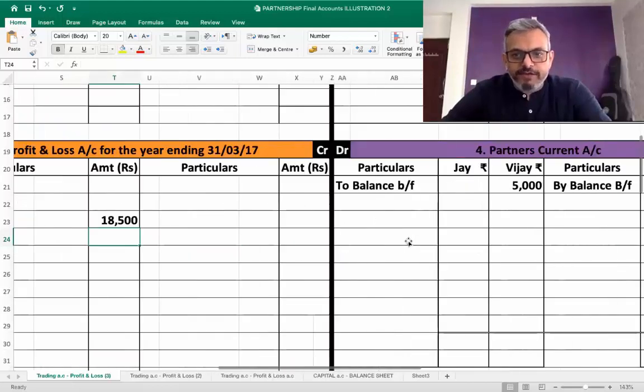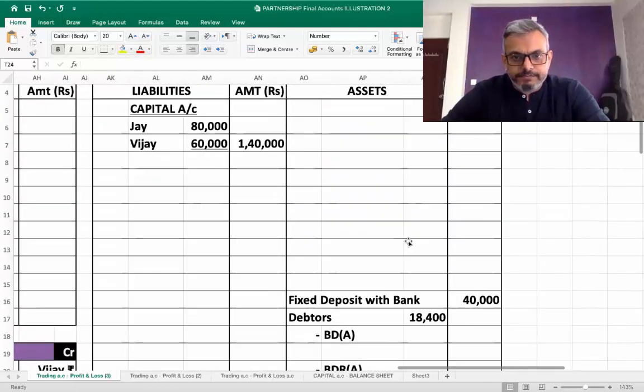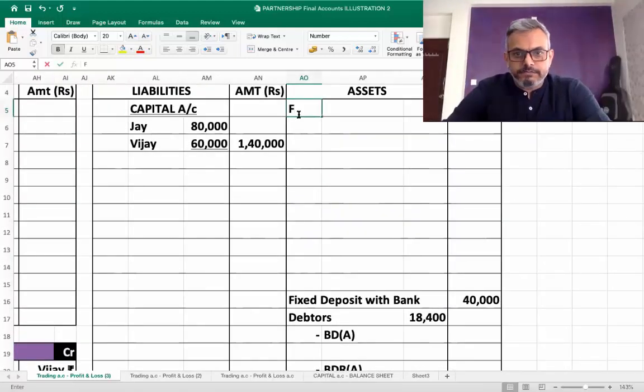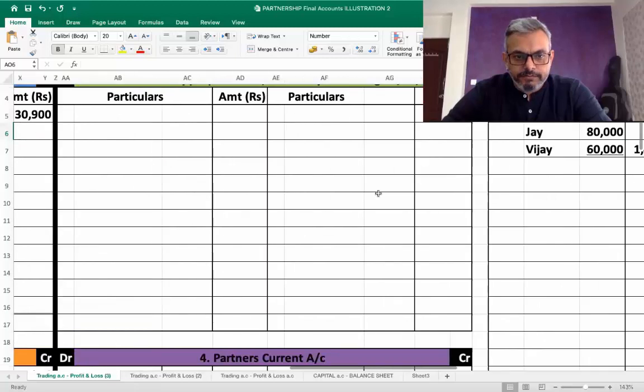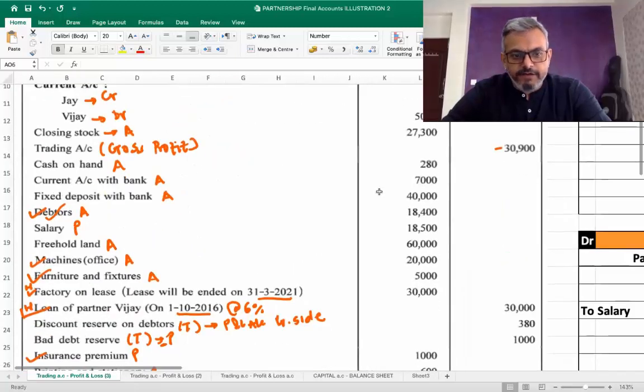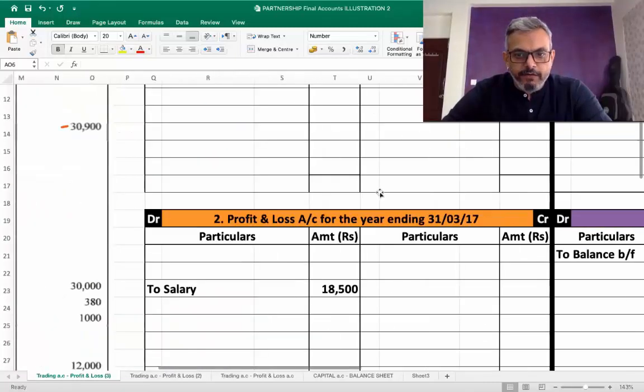Freehold land 60,000, balance sheet asset. Machines 20,000, inner column.